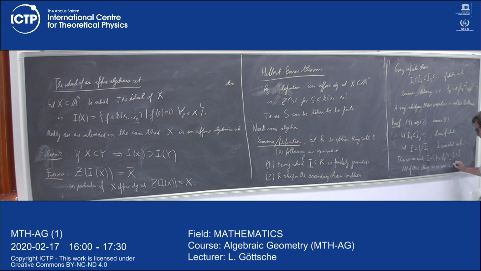I mean, f_1 lies in I_{M1} and so on, and in the biggest one of all of them they lie. So thus this ideal I is equal to I_M, and so therefore this will also be equal to I_{M+1} and so on.